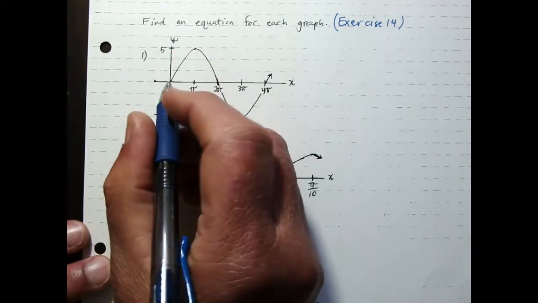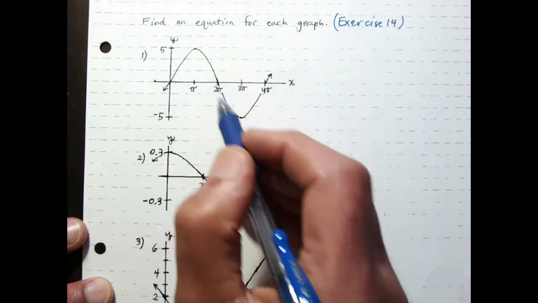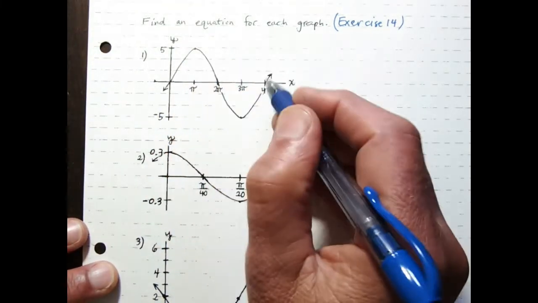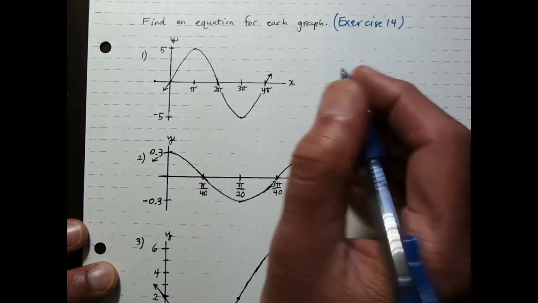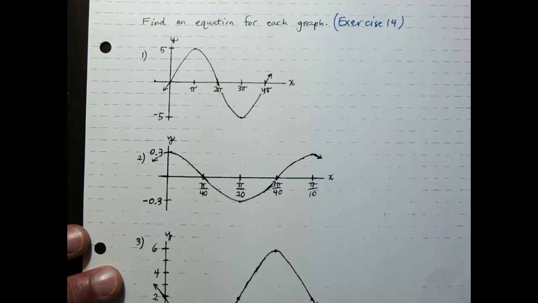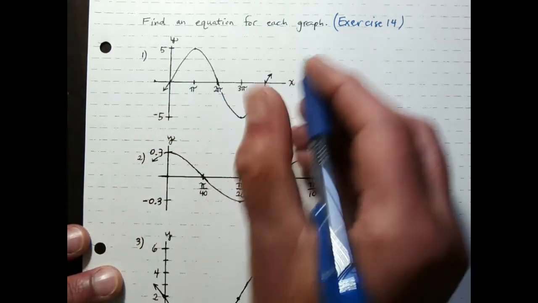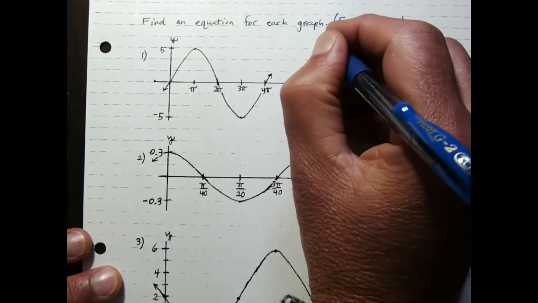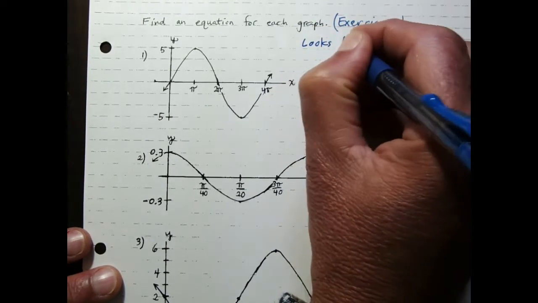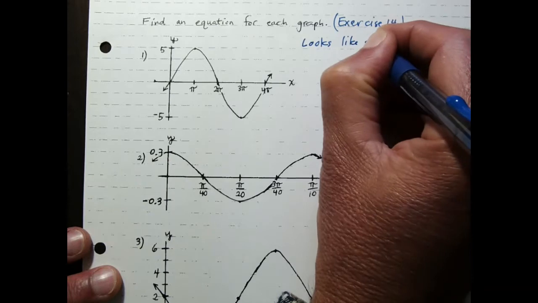So here's number one. We have a graph that should look an awful lot like a sine wave to you. So in these we have to decide whether to use sine or cosine. This certainly looks like the shape of a sine graph, so I'm going to say it looks like sine.